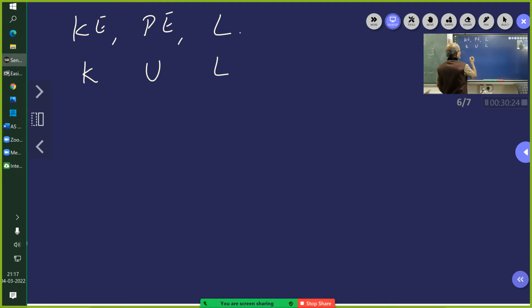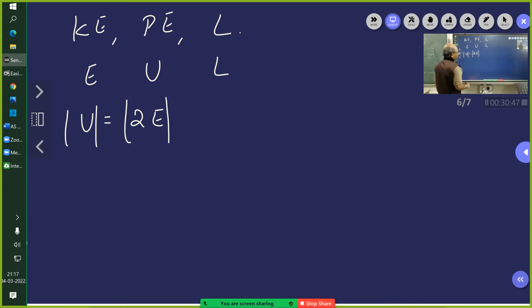We can also use E for the energy, which is also a nomenclature sometimes used. So here the potential energy will be equal to 2 times E, I am showing you the magnitude. So this relation you should know. And angular momentum, as you know, is mvr. And what is mv here?